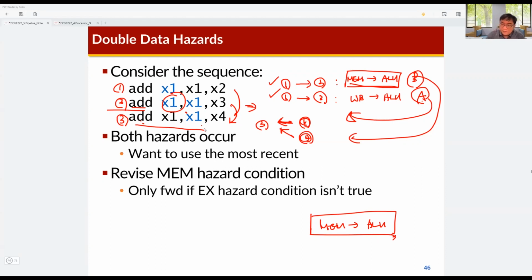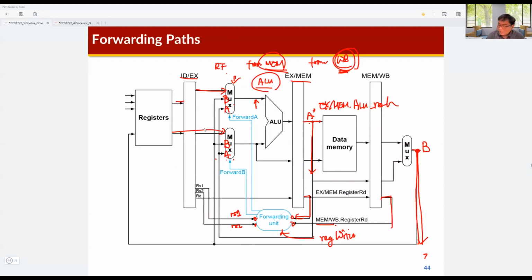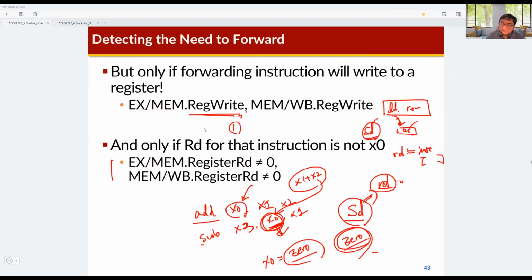I believe this is a little bit tricky for those learning it, because there are lots of conditions. We need to consider some exceptional cases to detect the forwarding conditions.